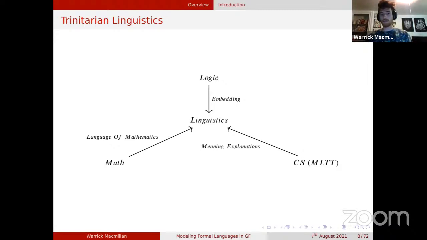We could embed logic into linguistics and just say logic is the set of phrases that in some sense have logical meaning, which is maybe a circular way of phrasing that, but you could just say it's a subset of natural language. And then you could also go from the type theoretical perspective, and this is what Martin-Löf did in his 1979 paper on the meaning, now I'm forgetting the name off the top of my head, but constructive mathematics and computer programming.